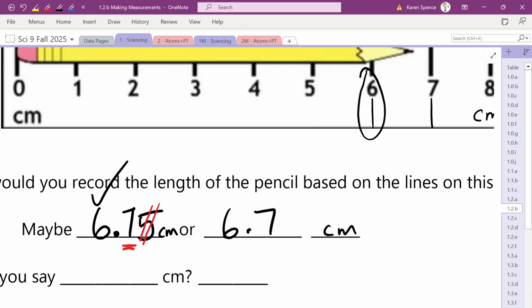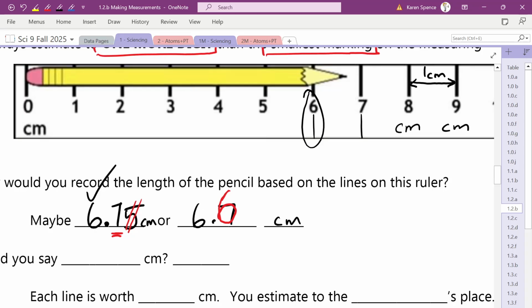So we could have it be 6.7. Now we can't have 6.7 or 6.7, so I'm going to change this one to 6.6 maybe? Could be 6.6. Anyone want to give another guess? Yeah? 6.8. You could guess 6.8. Any of those are acceptable answers.